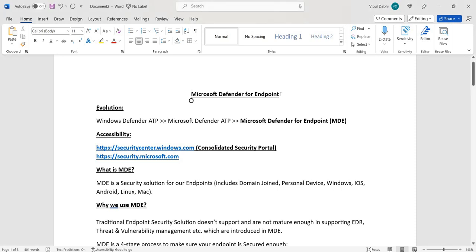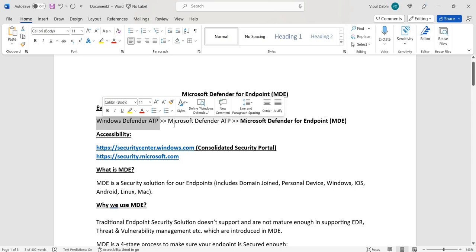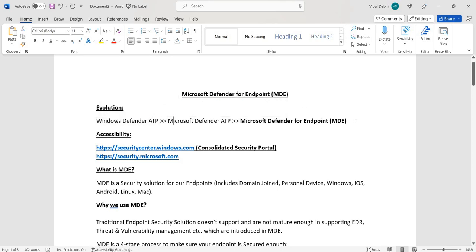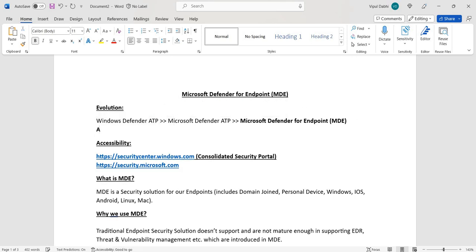So first, to understand how this evolved: Microsoft Defender for Endpoint is also referred to as MDE, but it was not always called that. Since its inception, it was Windows Defender ATP, where ATP stands for Advanced Threat Protection.